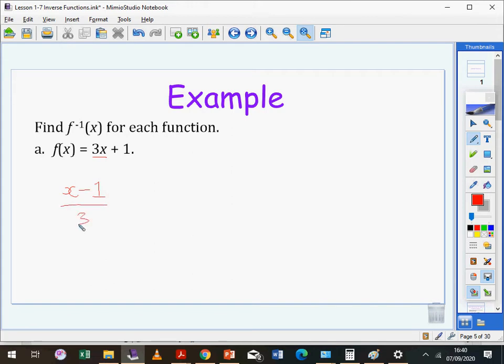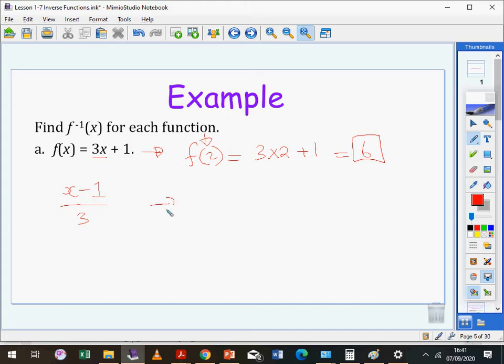Like, if I put an input of, using this initial function, say, 2, my output is going to be 3 times 2 plus 1, which is 6. So I need a function in which I will put 6 to get this 2.